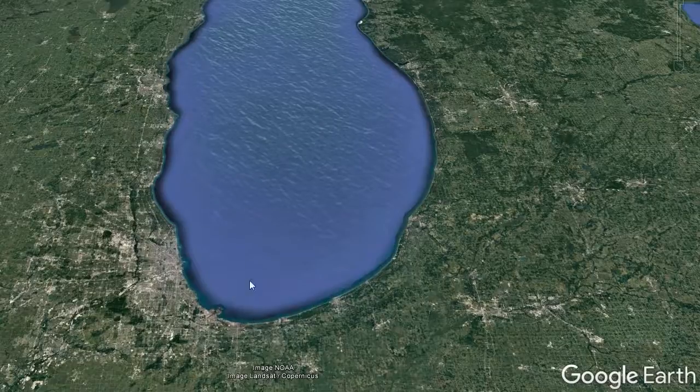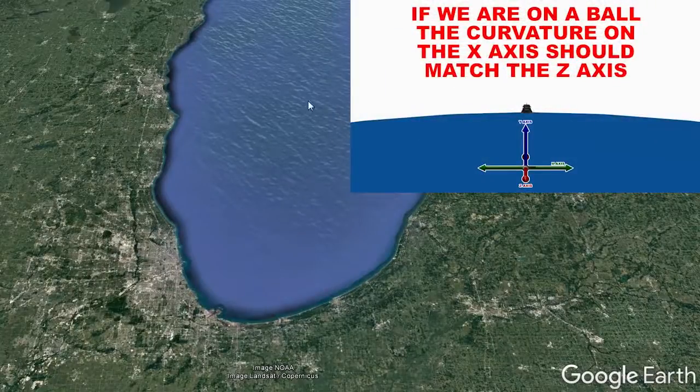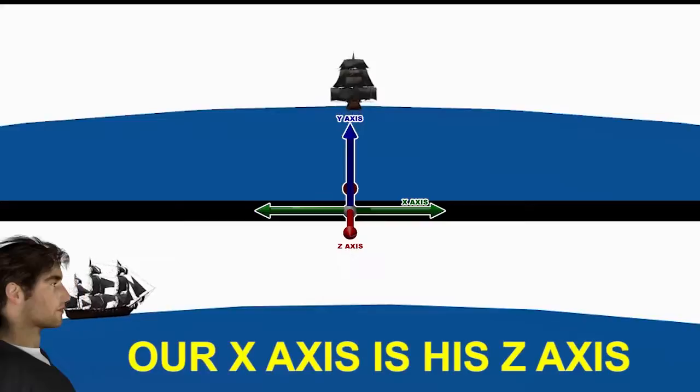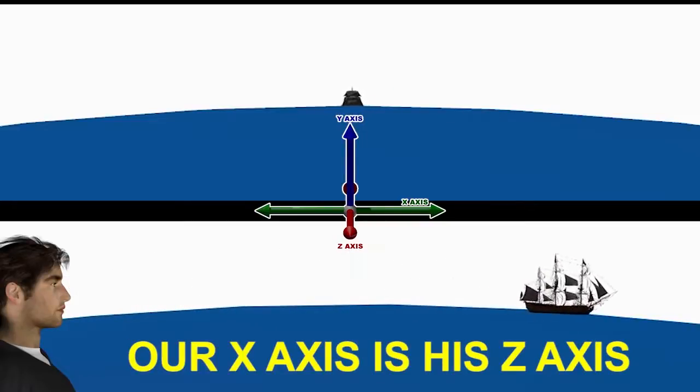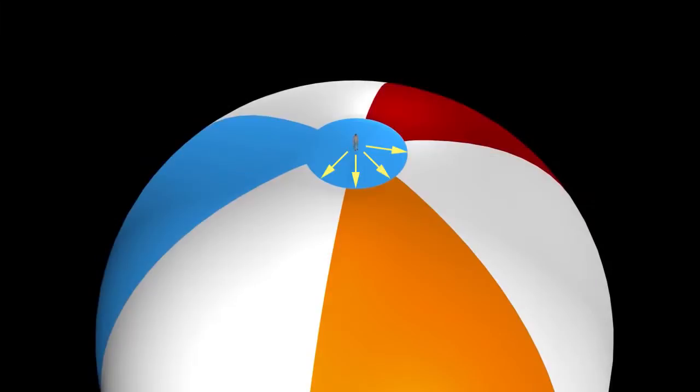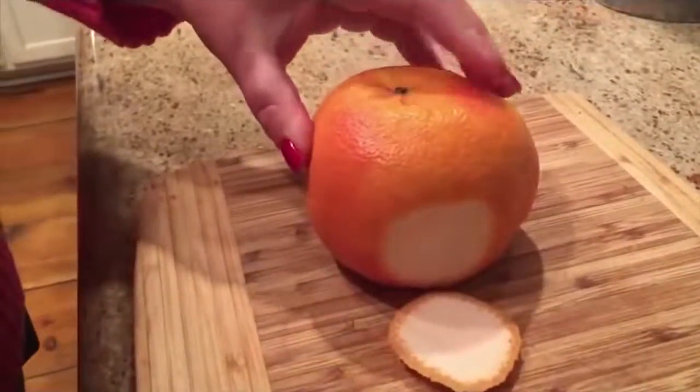Well, I see ships disappearing in 3, 4, 5, 6, 7, 8, 9, 10 miles away. So if the person standing on the south coast looking north is claiming that ships are disappearing, and the person standing on the east coast looking west is saying the same thing, then both people have to observe the alleged curvature that the other person is claiming their ships are going over. Therefore, like I said, this whole idea of the eye-level horizon being equal, as depicted here, or as depicted when you slice off a piece of an orange, is a myth.